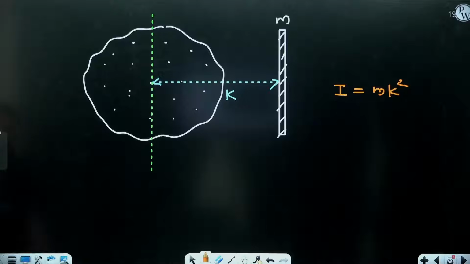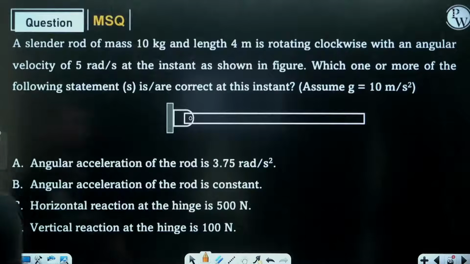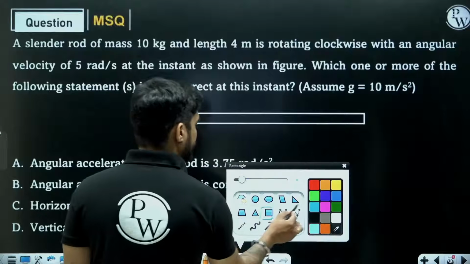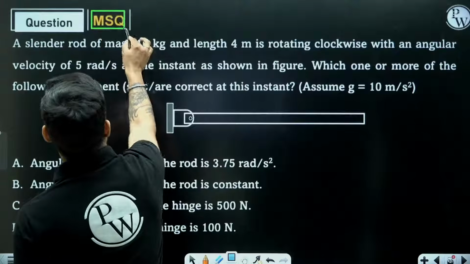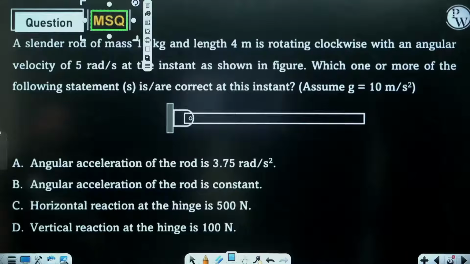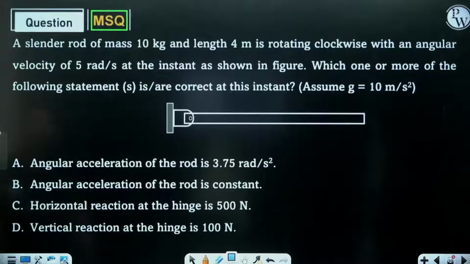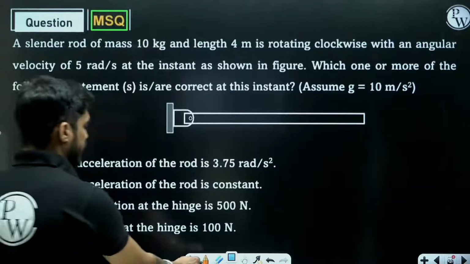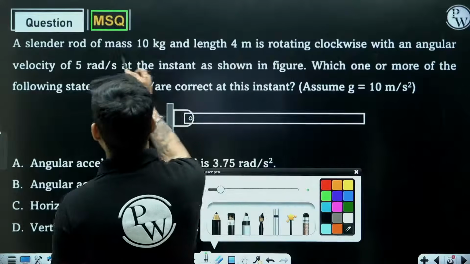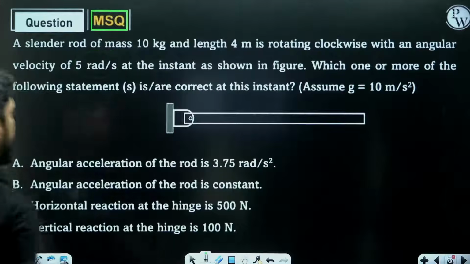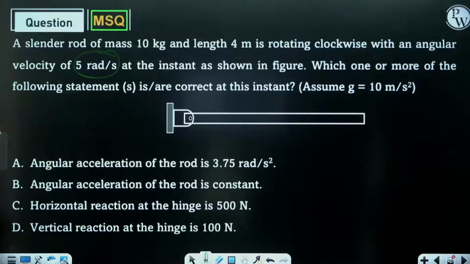Okay, chalo. Let's solve this first problem. This is an MSQ question. A slender rod of mass 10 kg and length 4 meter is rotating clockwise with angular velocity of omega equals 5 radian per second at the instant shown in figure.